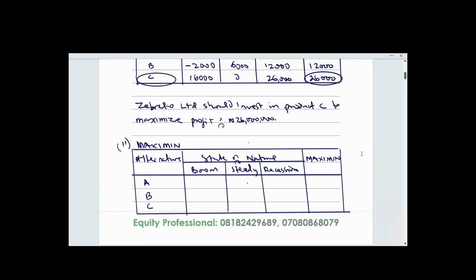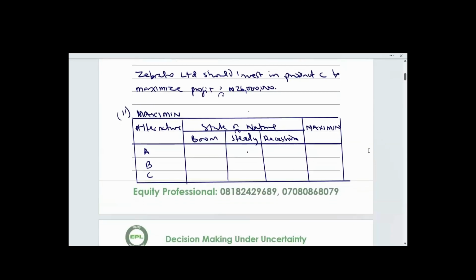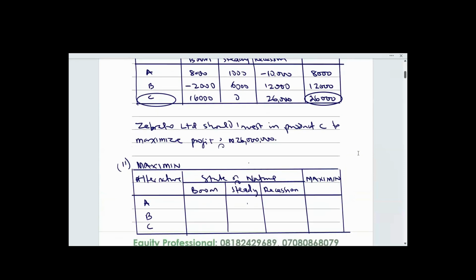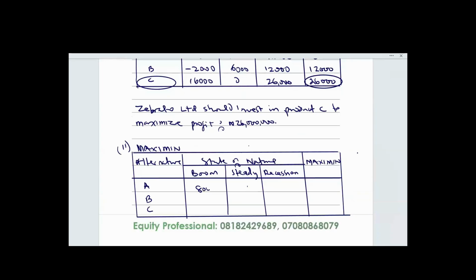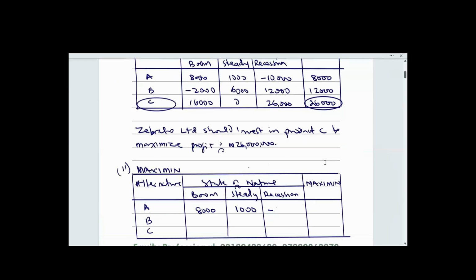Okay. Again, we go back to the payoff table. For A, we have 8,000, 1,000, then minus 10,000.